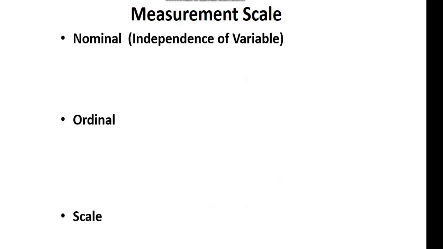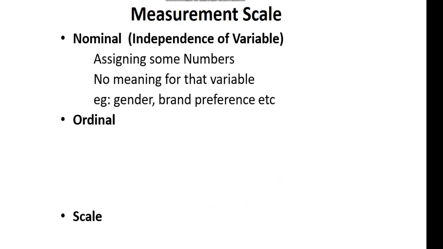Before that, you should know the different measurement scales used in SPSS. Our questionnaire is divided into three groups: nominal category questions, ordinal category questions, and scale type questions. If we ask a question by giving some options, that comes under the nominal category. For example, if you ask gender, you may give options like male, female, not prefer to say.